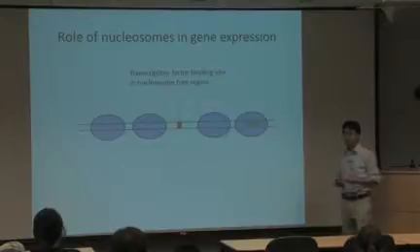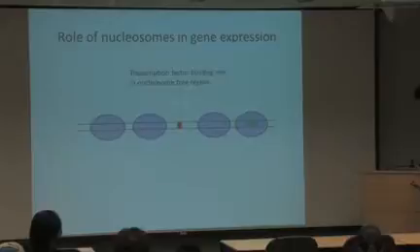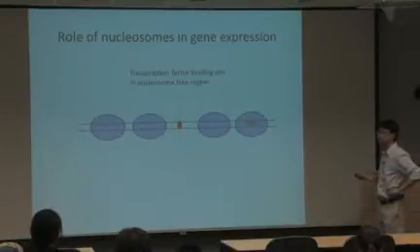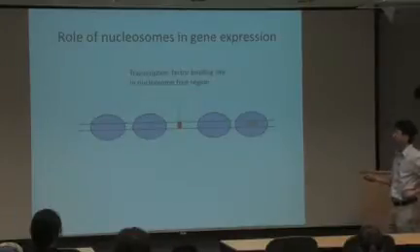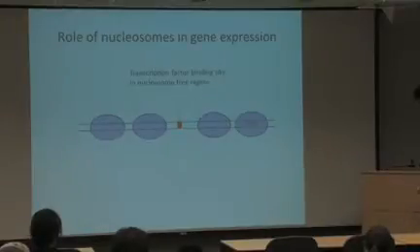Okay, so we are interested in the role of nucleosomes in gene expression. And I'll give you a very specific example here. So we generated this model promoter, which has a nucleosome-free region between these four nucleosomes. So there are two nucleosomes on the left, two nucleosomes on the right. Of course, there are more nucleosomes here, more nucleosomes here, but I'm showing you only the four nucleosomes in the promoter region.